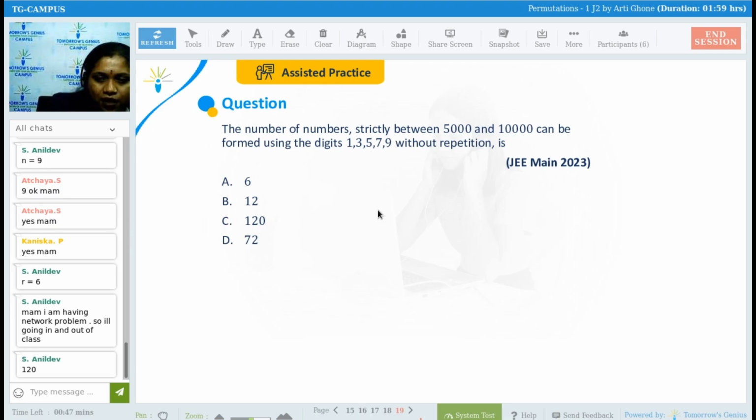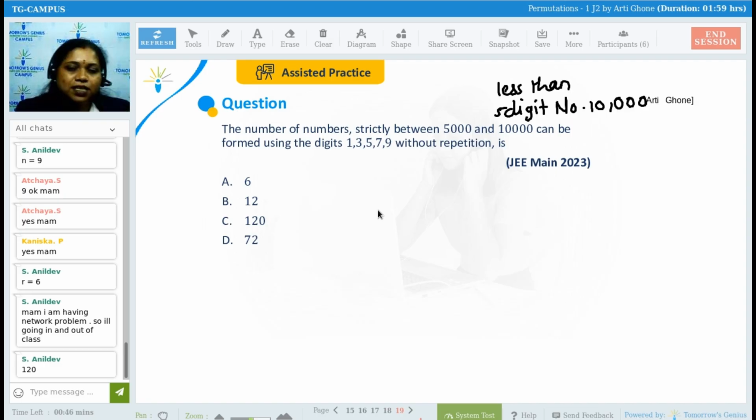Okay. See, a number less than a 5-digit number is itself a 4-digit number. What is the previous number less than 10,000? 9,999. Right?